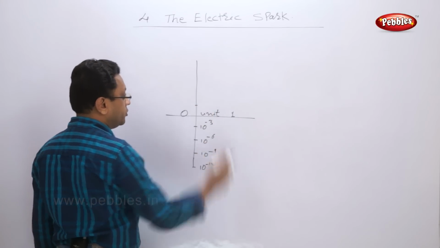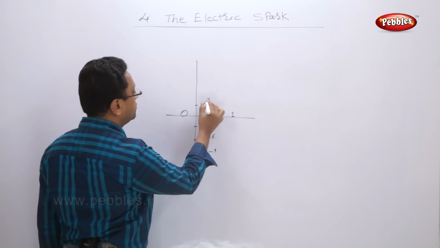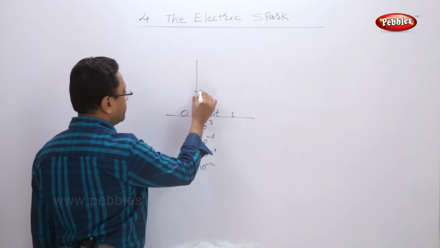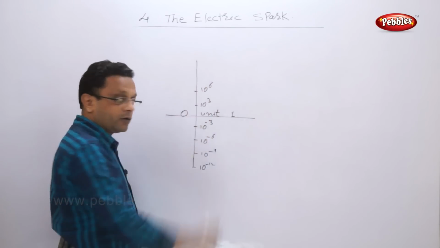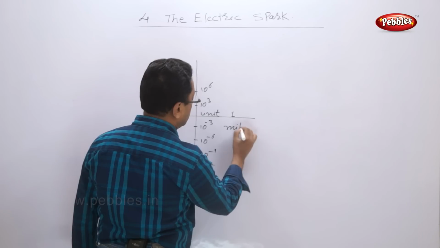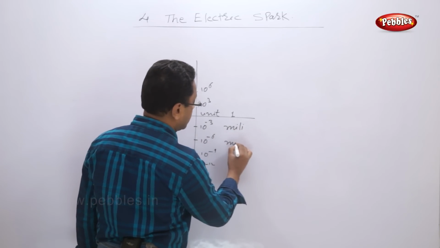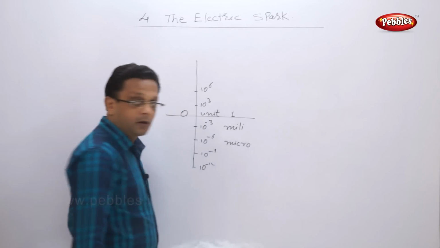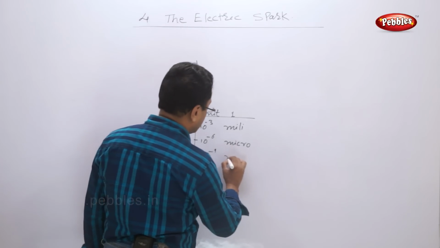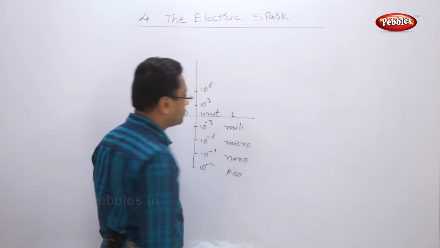Or here, actually you don't need 10 raised to minus 12. Let us say 10 raised to 3, 10 raised to 6, and so on. So 10 raised to minus 3 is called milli. 10 raised to minus 6 is called micro. 10 raised to minus 9 is called nano, and then pico.